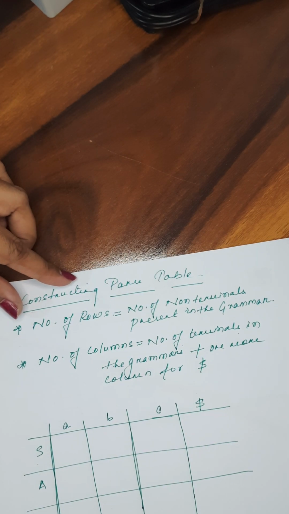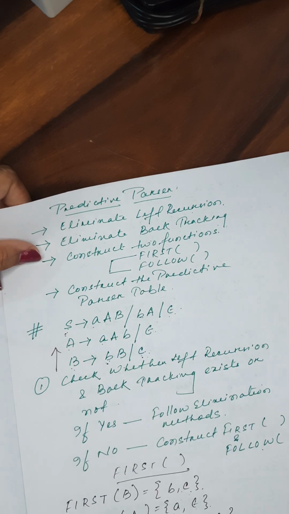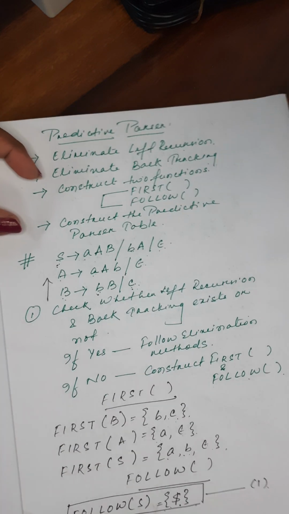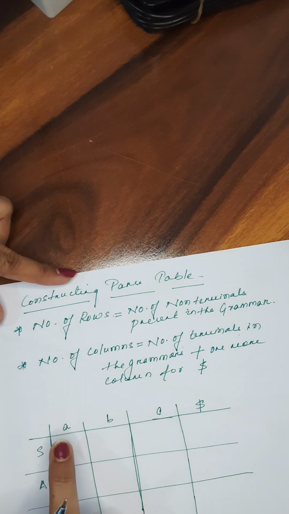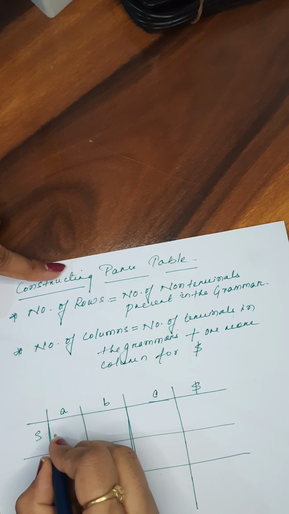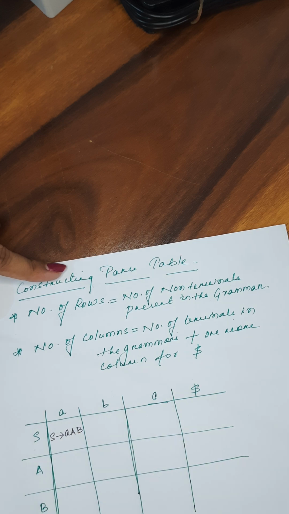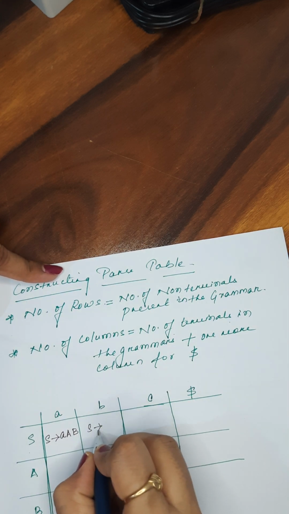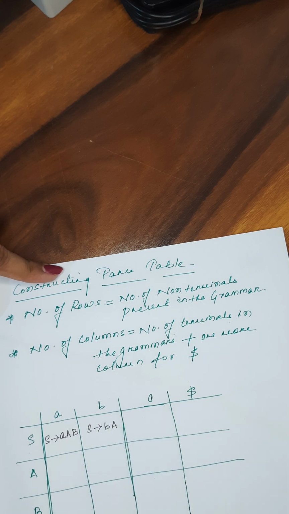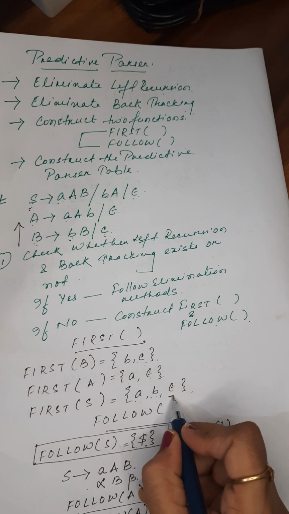Now what is the production? Production is S tends to AB, and what is the first of S? First of S is a, b, c. So for S under a, write the production S tends to AB. Then for b, write S tends to BA. Now what was the first of S? First of S was also having epsilon.